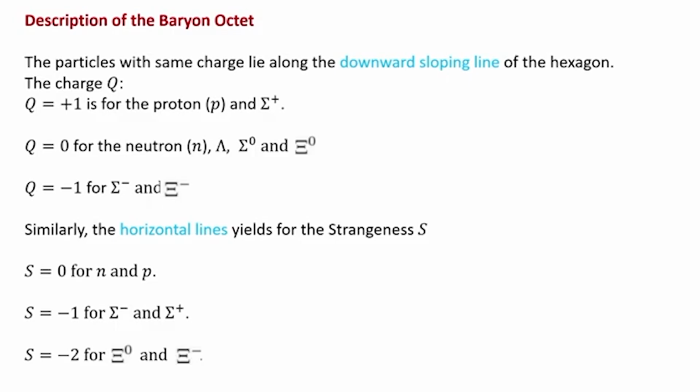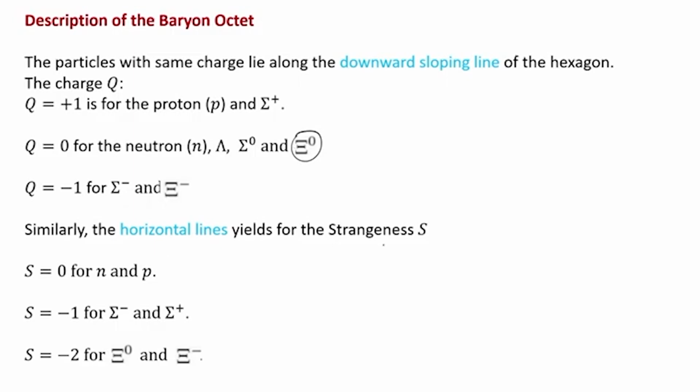The charge q is such that q equal to +1 for proton and sigma plus, q equal to 0 for neutron, lambda, sigma 0, and this particle which is written by this symbol, q equal to -1 for sigma minus and this minus.